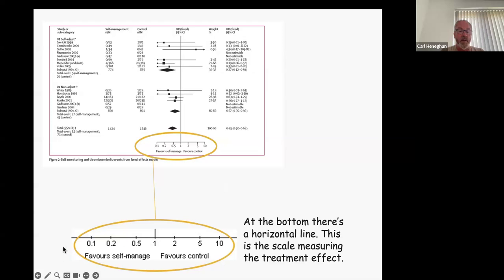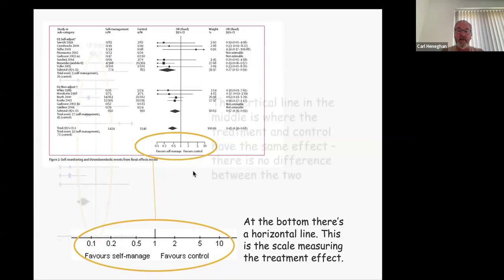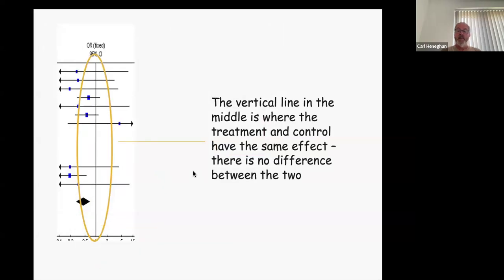This line is measuring the treatment effect. It's important to know which way round it is. So to the left favors self-monitoring, to the right favors control. Important to check which way round it is. The vertical line in the middle is where the treatment and control have the same effect. There is no difference between the two. So there's a vertical line going up the center.